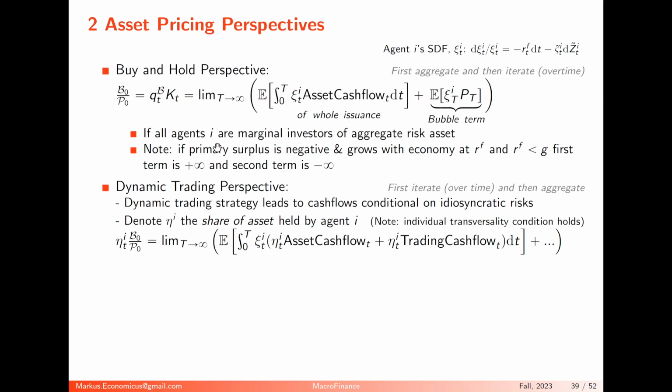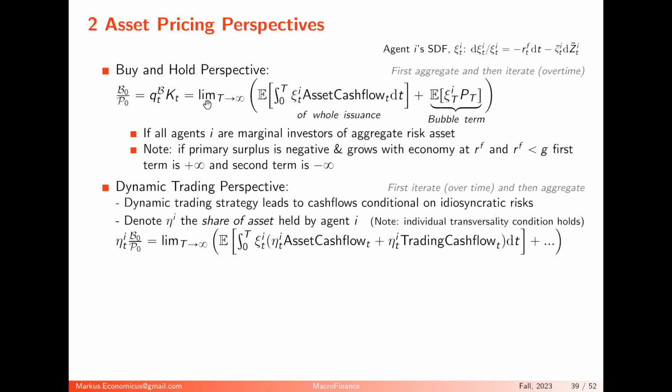The traditional way, if I say, how would you value all government bonds? This is QB times K. You just take all cash flows from the bonds, which are all the primary surpluses the government pays. So if you have all the government bonds, whenever the government makes a surplus, it gives something to the bondholders. Whenever it makes a deficit, it says to the bondholders, give me some more. So if you have all the government bonds in the world from this government, you get the primary surplus as cash flows, and you just discount it with the SDF.